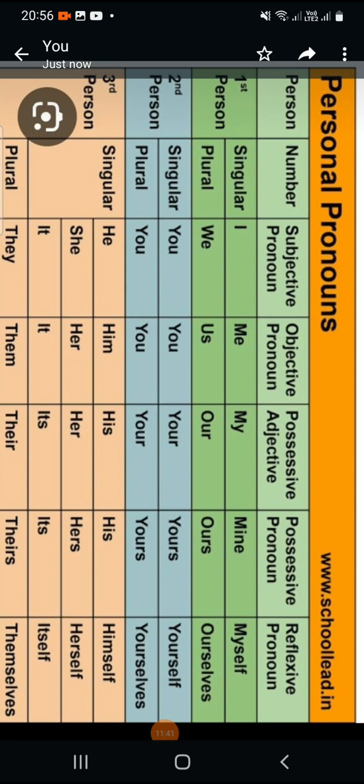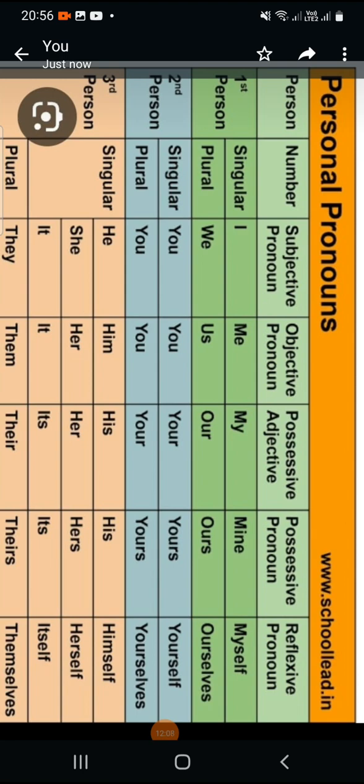So whenever you use objective pronoun, you just have to write me. For example, if you say they have scolded me, you can never say they have scolded I. I is the subject. I would always start in the beginning of the sentence, right?